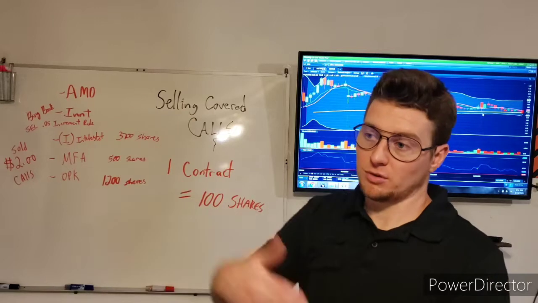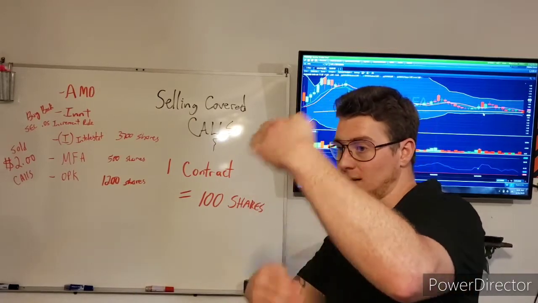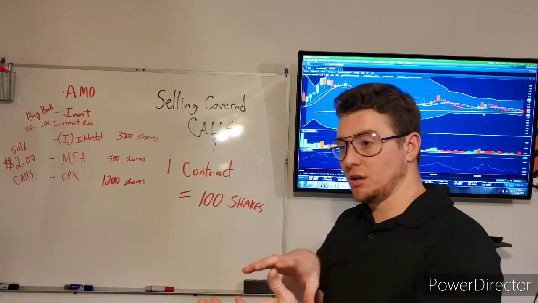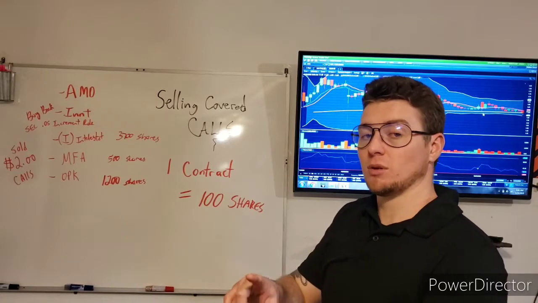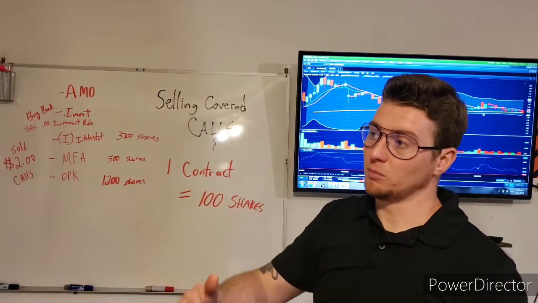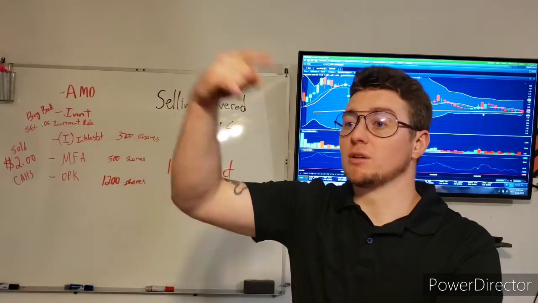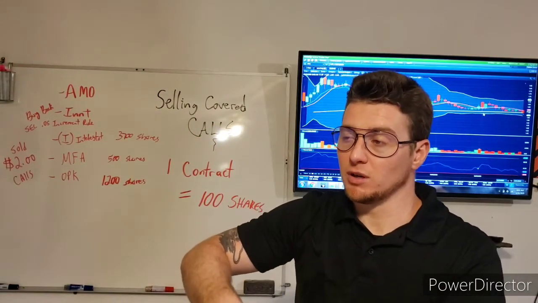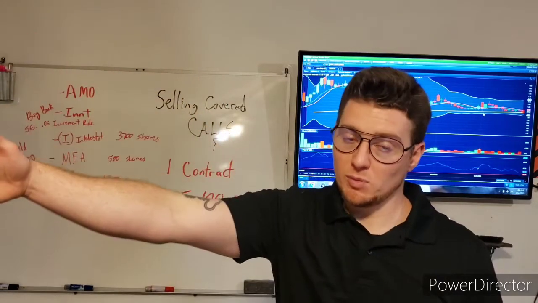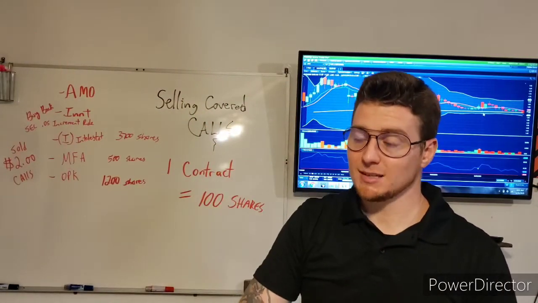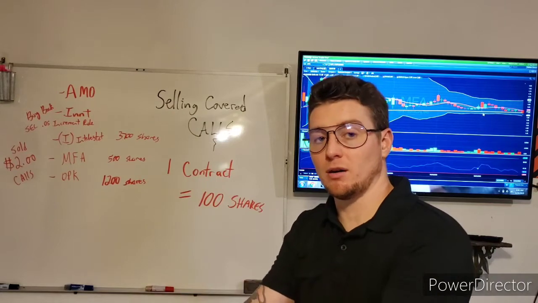So I bought a call and I sold a call against it. Basically I equalized the shares, but instead of having shares, I equalized the price. So I bought a price for a premium, but then I sold another contract against that contract, which lowered my cost on the debit spread, which in turn caps my profit, but also caps my risk. My risk is exactly what I spent on the debit spread.